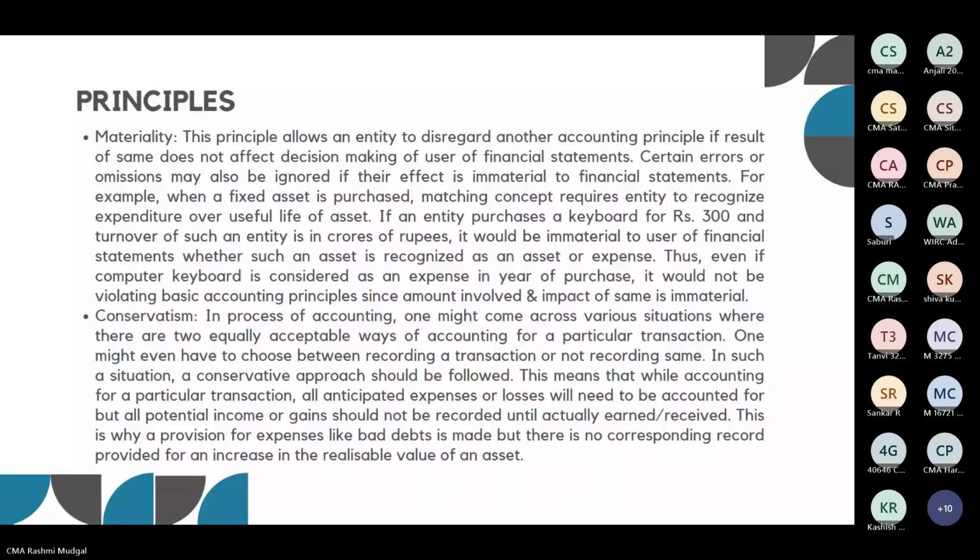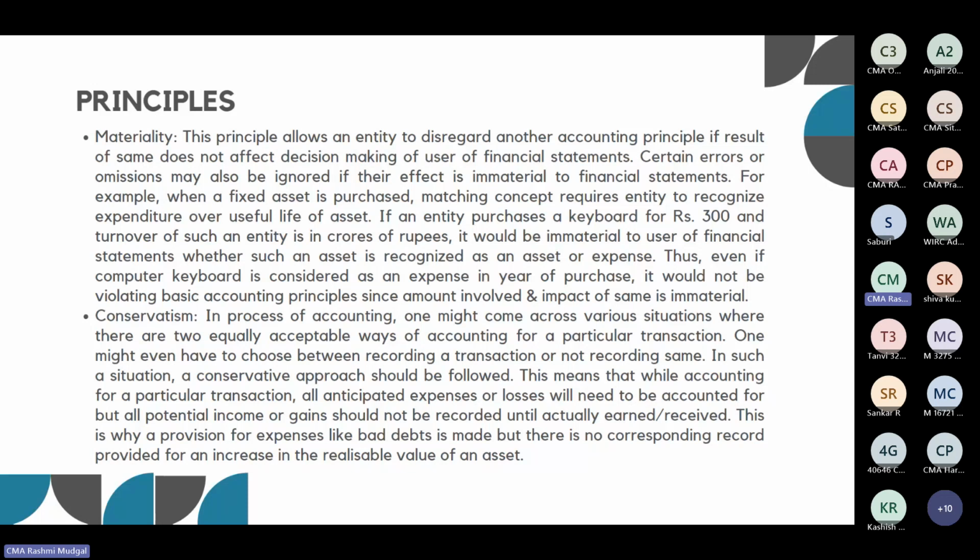Certain errors or omissions may also be ignored if there is an effect of immateriality to the financial statement. For example, when a fixed asset is purchased, the matching concept requires the entity to recognize expenditure over the useful life of the asset. If the entity purchases a keyboard of 300 rupees and the turnover of such entity is in crores of rupees, it would be immaterial to the user of the financial statement whether such an asset is recognized or treated as an expense.